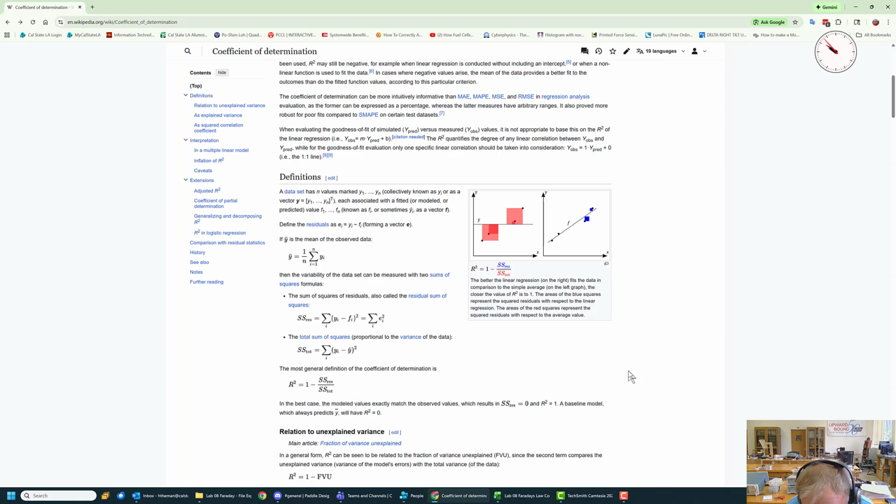So you see that if the fit is good, the blue areas will get minimized and the red areas will get maximized. So this fraction will get very small, and R squared will approach 1.